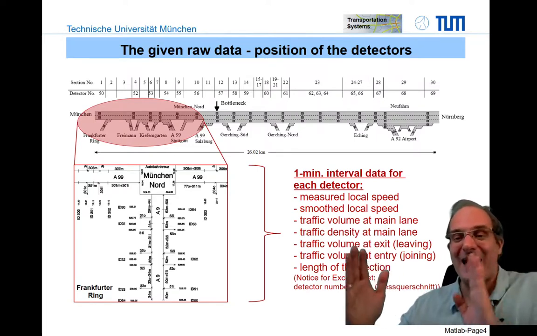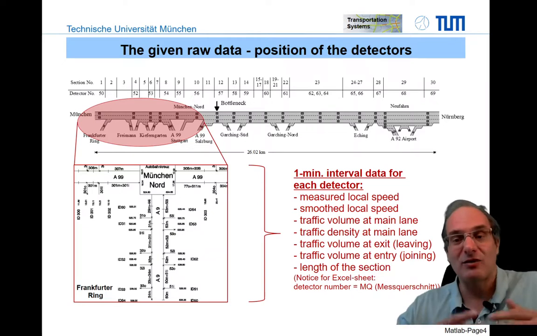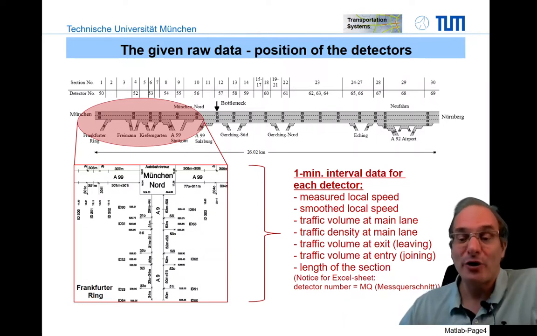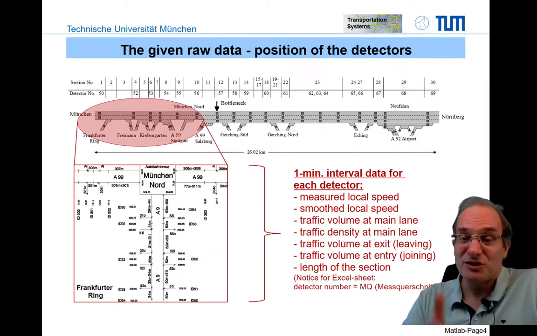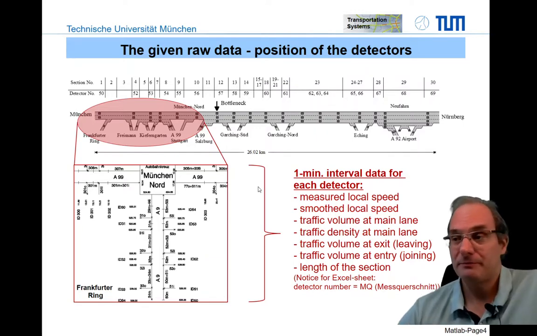So if you have the lengths and if you accumulate them, you get the complete distances per sensor from 0 distance, which is Munich.